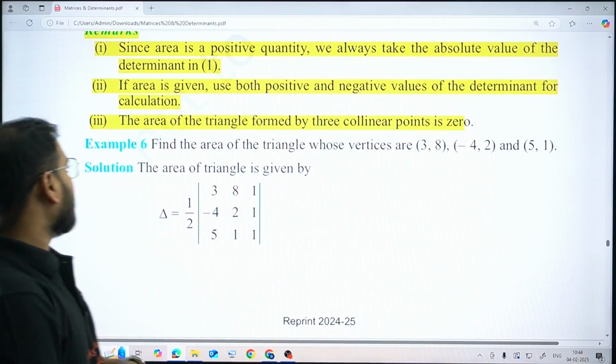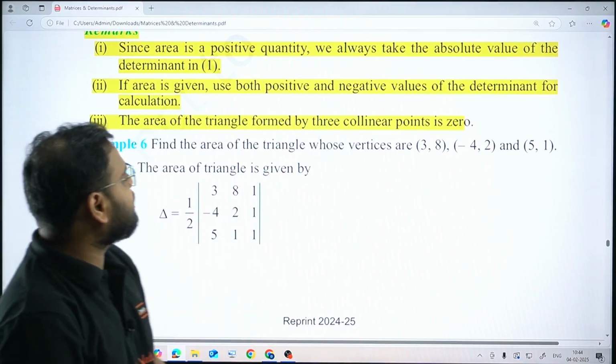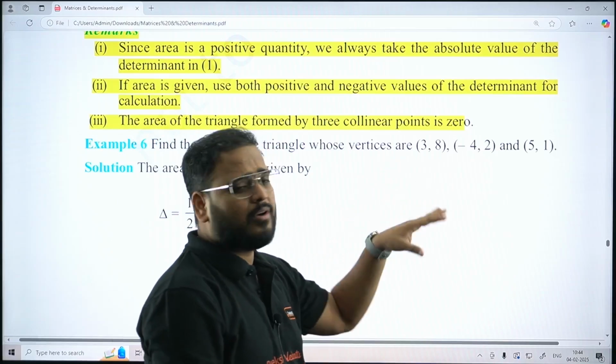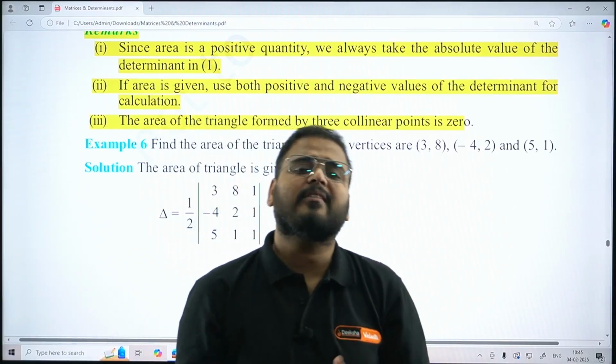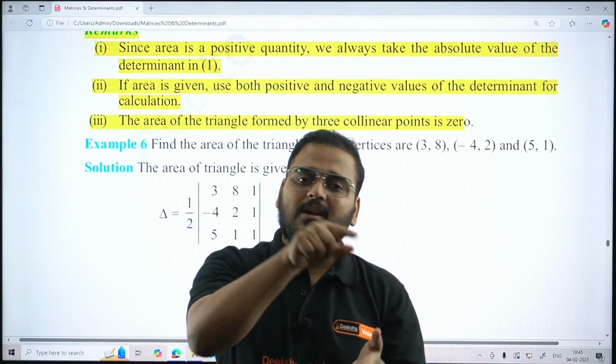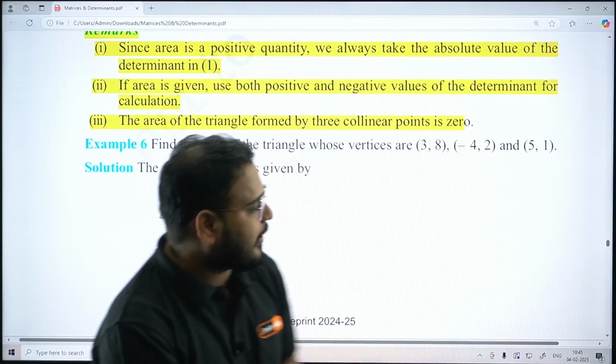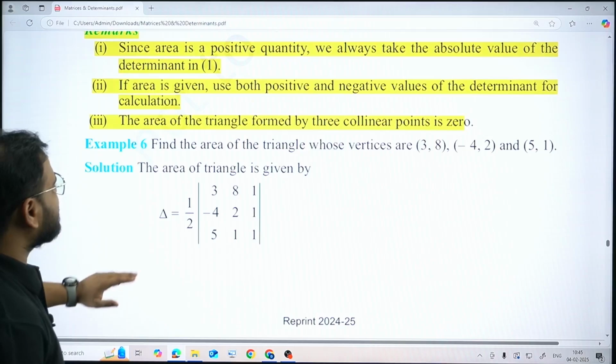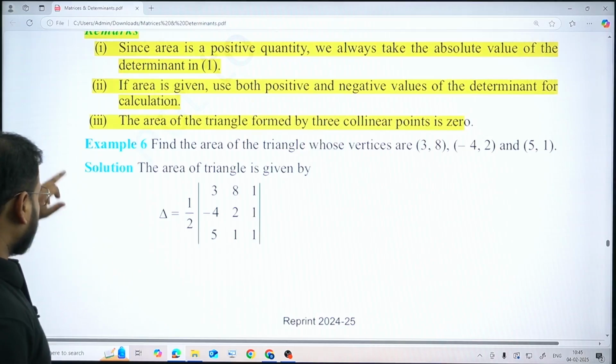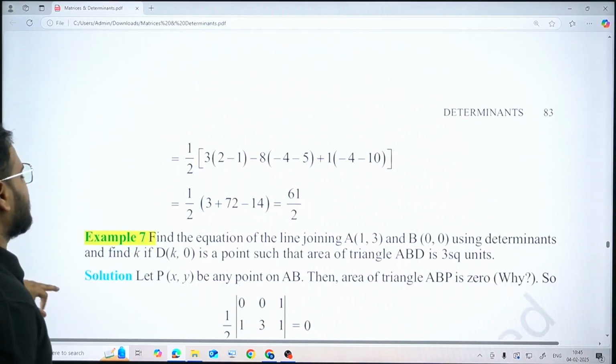Okay. For the calculation, the area of a triangle formed by 3 collinear points is 0. Collinear means in a straight line, right? How would there be a triangle? There won't be. So the area of the triangle using 3 points will be 0, sir. There are a lot of questions coming like that. Please check, I have given you some questions over here. Example number 7 you solve.